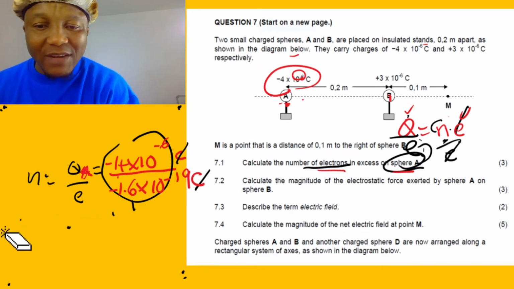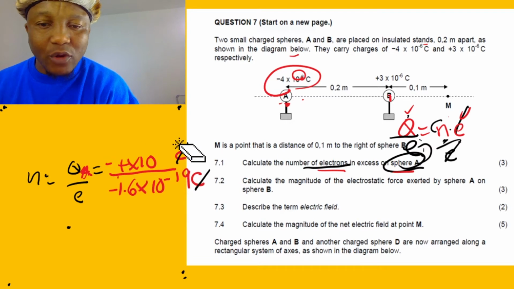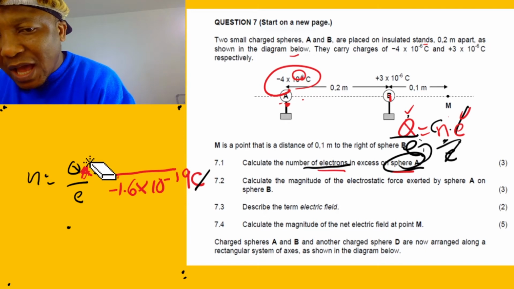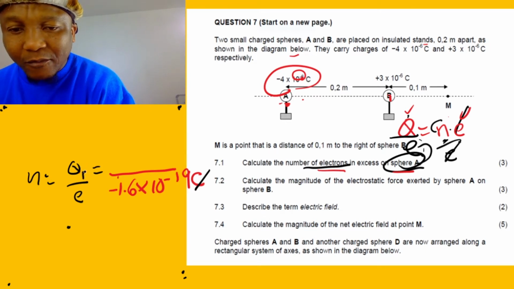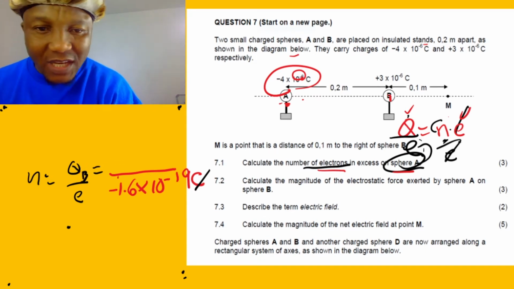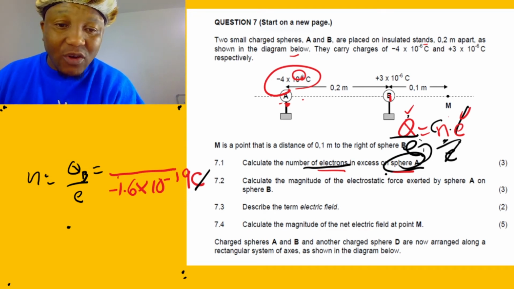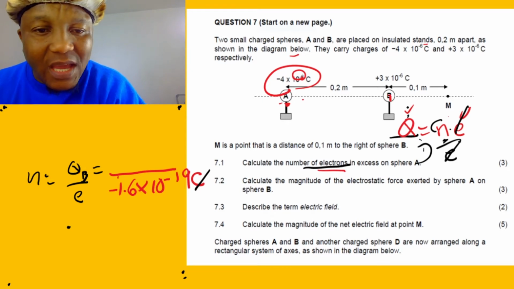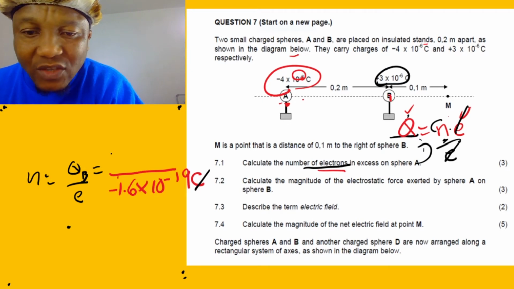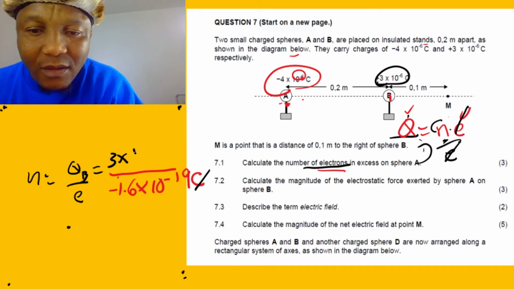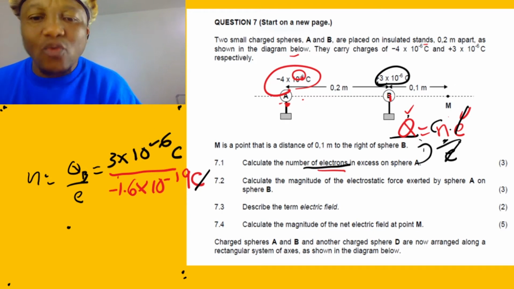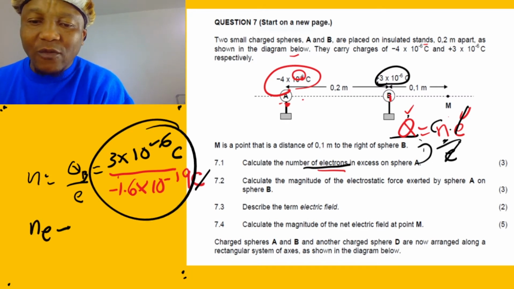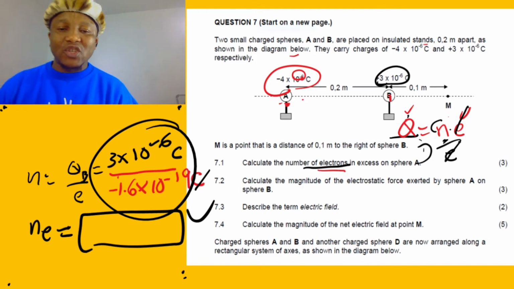If it was for B, we could just replace the quantity of charge, but it's not part of the question because the question says only sphere A. Let's assume for B, I could say the charge for B is 3 times 10 power -6 coulomb. Then you plug it in the calculator and you get the number of electrons for B.